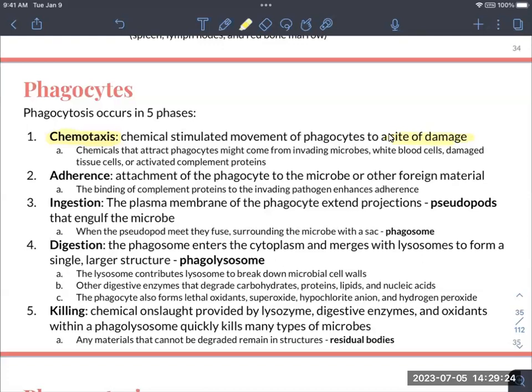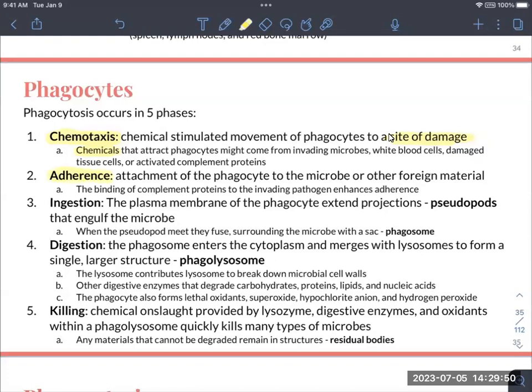If there's tissue damage, these cells release specific chemicals that bring these phagocytes to the area. They come in and engulf any kind of foreign particles, any invading microbes, even damaged cells and tissues, they engulf it all.